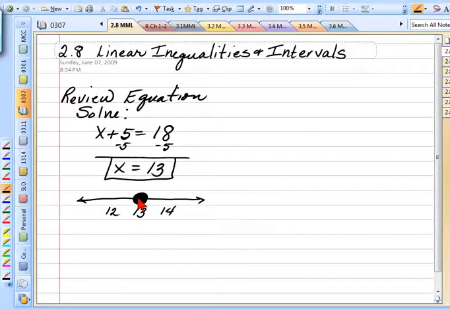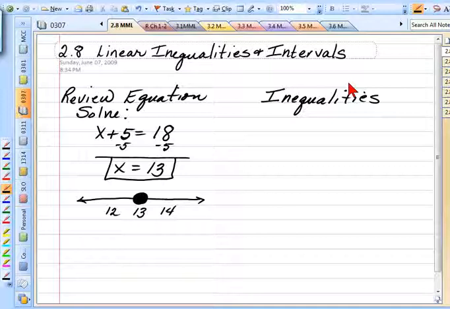Okay. All right. Now, I want to talk about how that relates to our new topic of inequalities. In the inequalities, there are 4 inequality symbols that we're going to be exposed to. There are more, but we're only going to look at 4 of them.